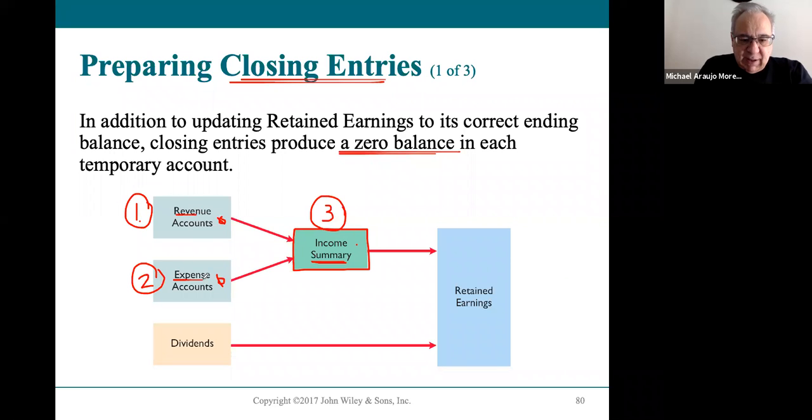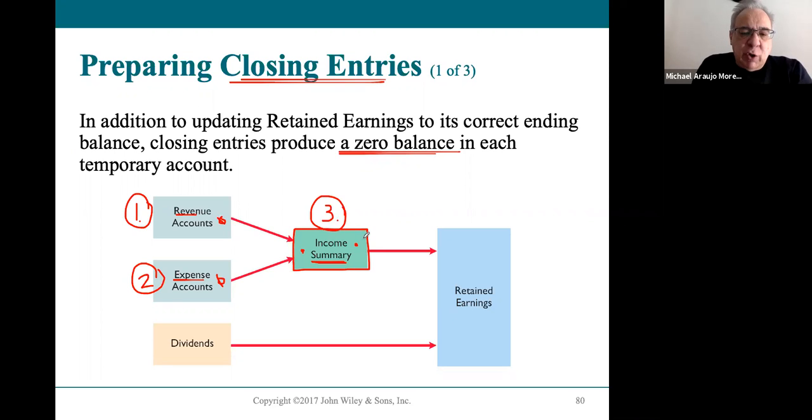All the expenses are sitting on the other side. Your income summary is looking very much like an income statement, with total revenue sitting on the credit side, total expenses sitting on the debit side. Okay. So that means that the balance in income summary is going to be equal to the profit of the company or the net income.